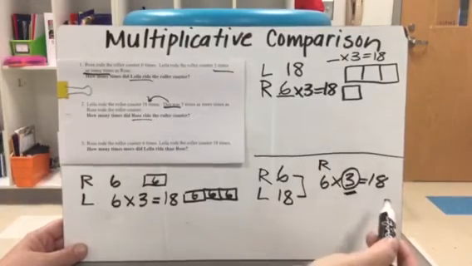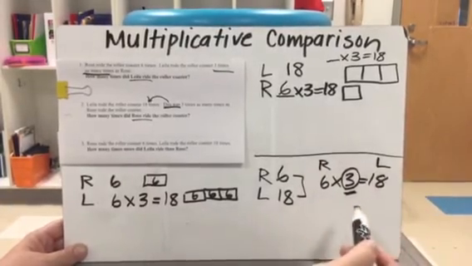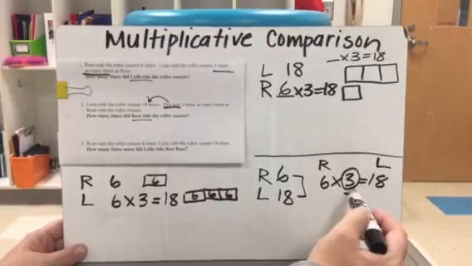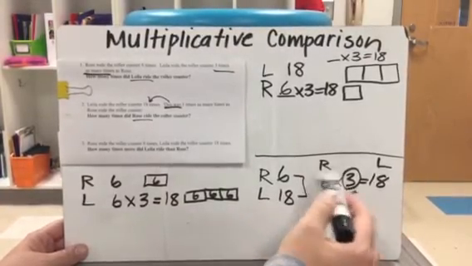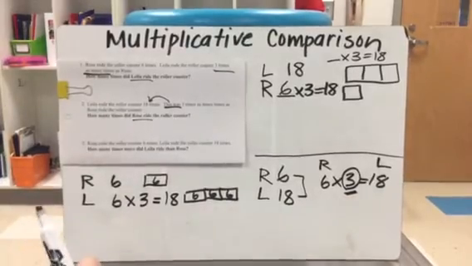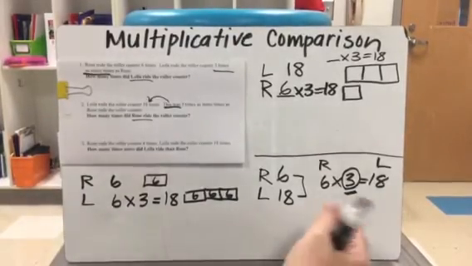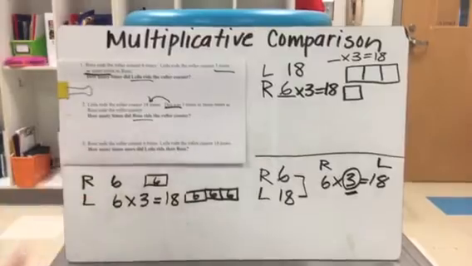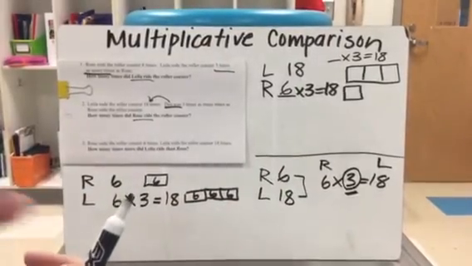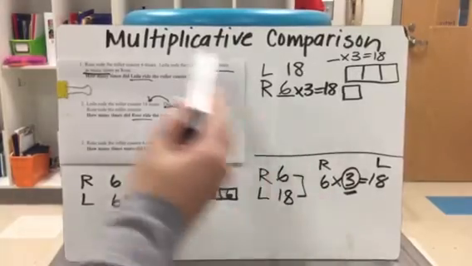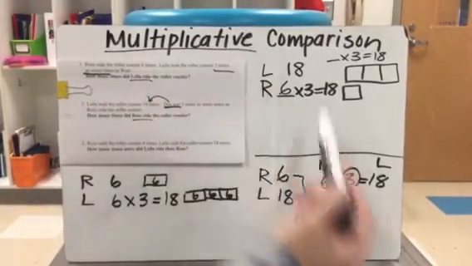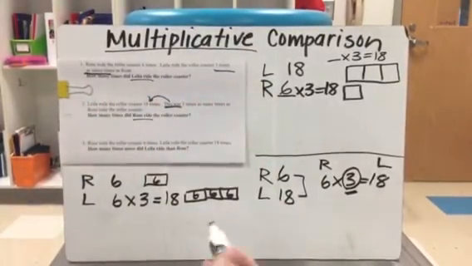This is what Rose did. This is what Layla did. So Layla rode it 3 times more, 3 times as many times as what Rose did. So you could do 12, but we really as 4th graders want to also notice multiplication relationships. So that's what we're practicing here, the multiplicative comparison.